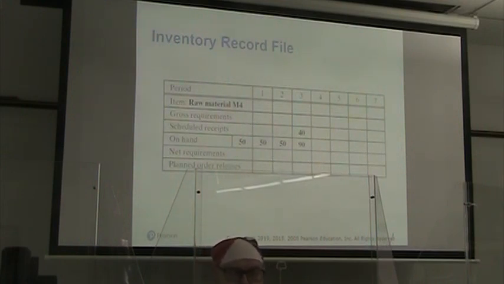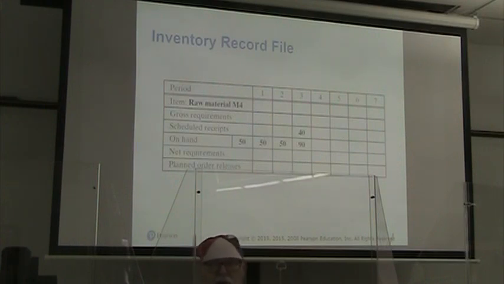All right, so we have an inventory record file, and in this case, our item is the raw material to make M4. Right now, we have on hand 50 units. We're not told what this raw material is. Is it steel? Is it plastic?